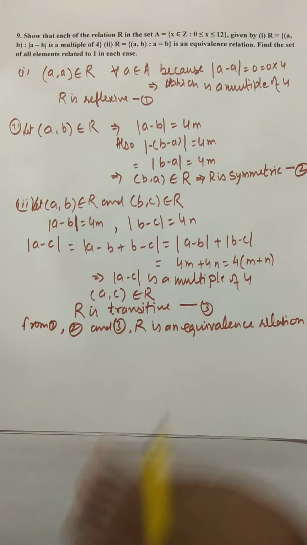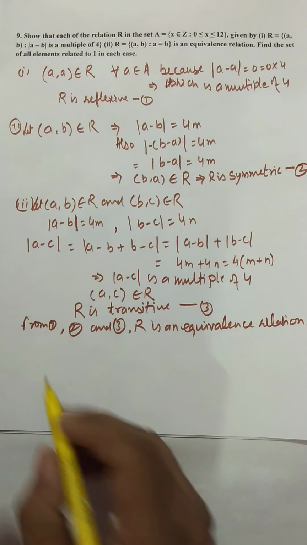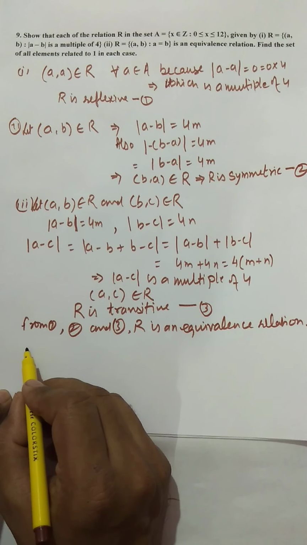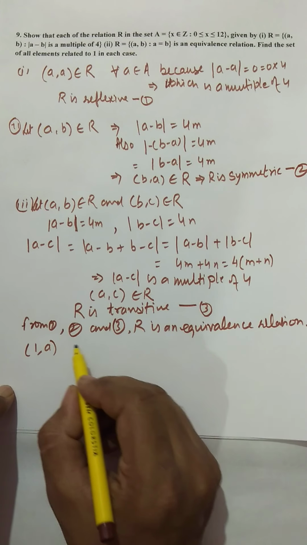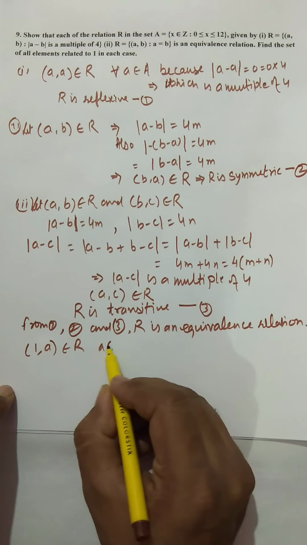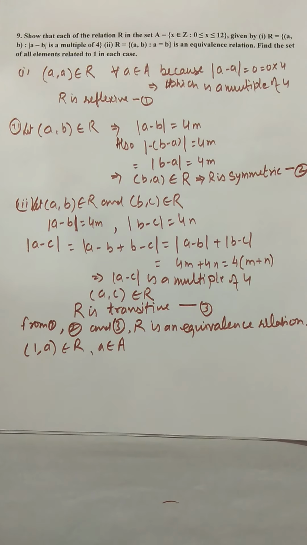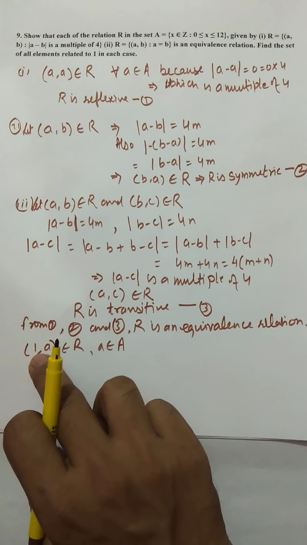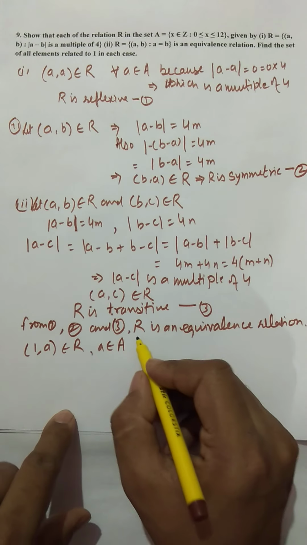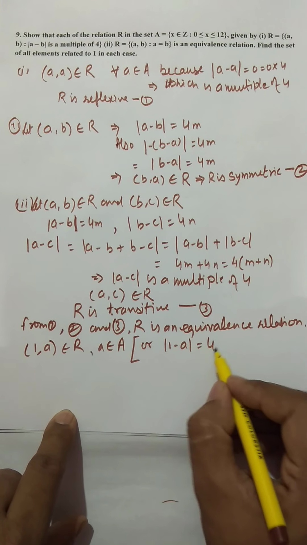Now next we have to find the set of all elements related to 1 in each case. So with 1 you will take which number? Let's say (1, a) belongs to R, and a belongs to capital A, and capital A has elements 0, 1, 2, 3, 4, 5 and up to 12. So you have to tell me which a you should take here, so that 1 minus a is a multiple of 4.